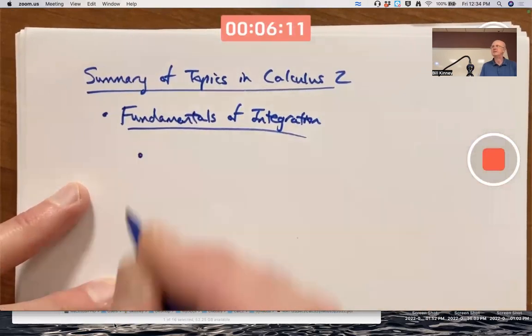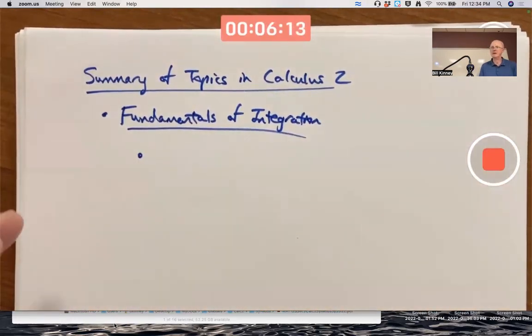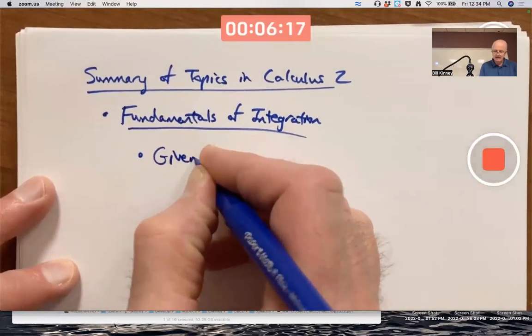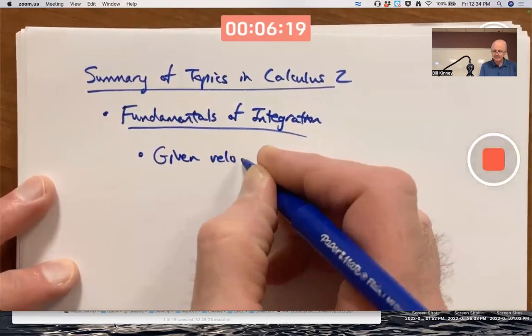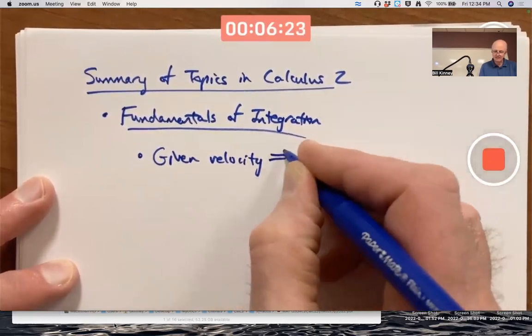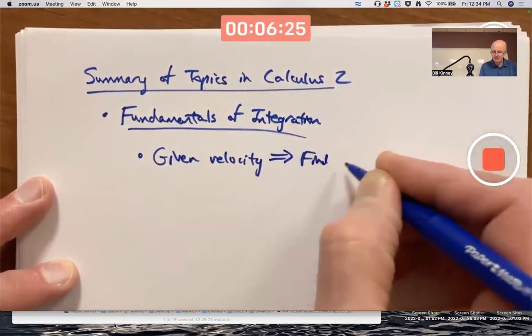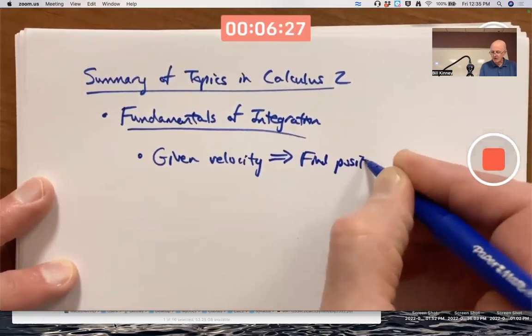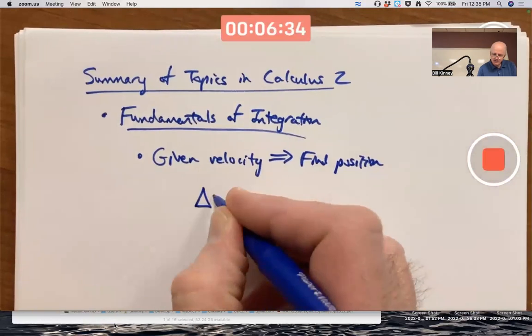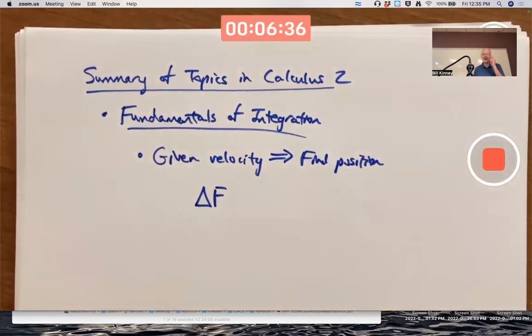For example, we spent a lot of time talking about problems where you were given, say, a velocity, and you wanted to find the position. Given velocity, find position, or more generally, change in position. You might represent the change in position symbolically as a delta F, where we're using a capital F there because it's going to be an antiderivative.